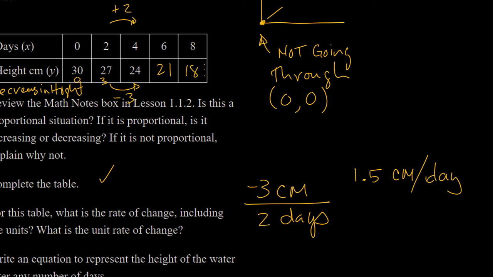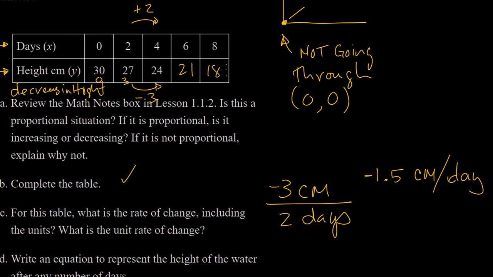So it's going down 1.5 centimeters per day. In a unit rate, the denominator is 1, if you will. So negative 1.5 centimeters per 1 day.